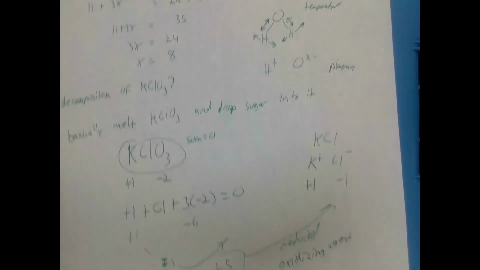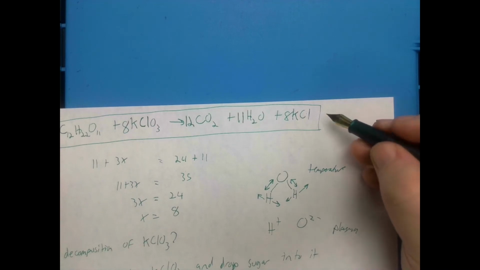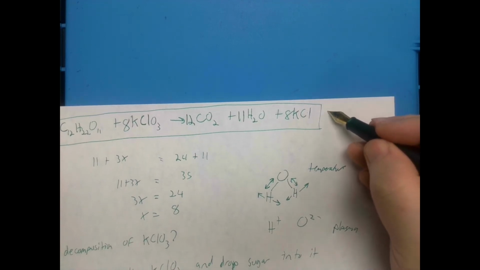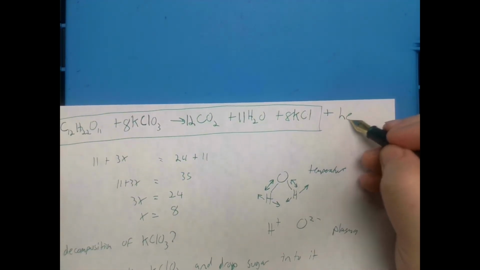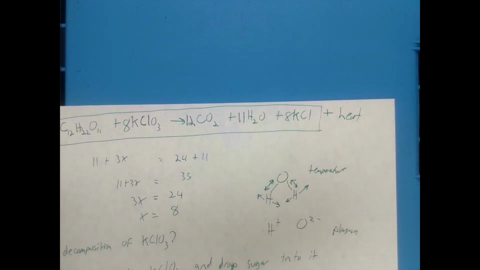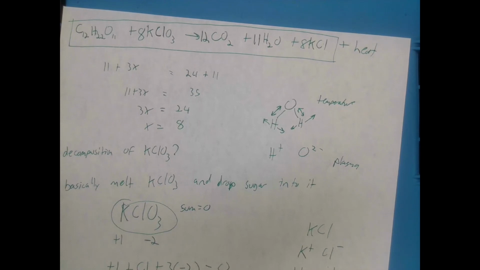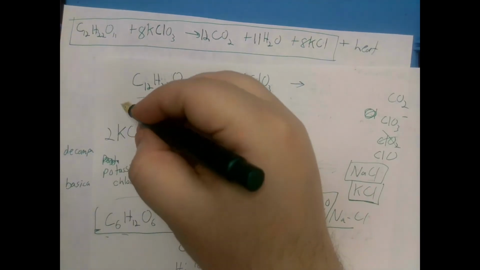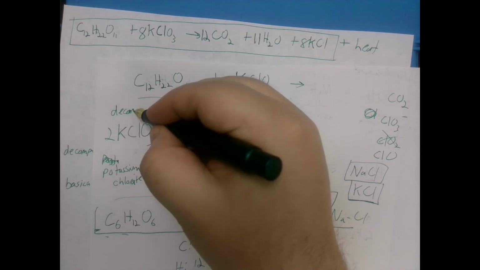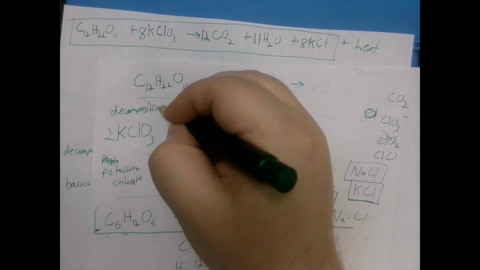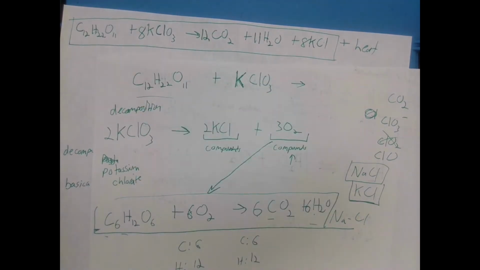Thus, what is also being produced here? Heat. And what does heat do? Heat leads to the decomposition of potassium chlorate.